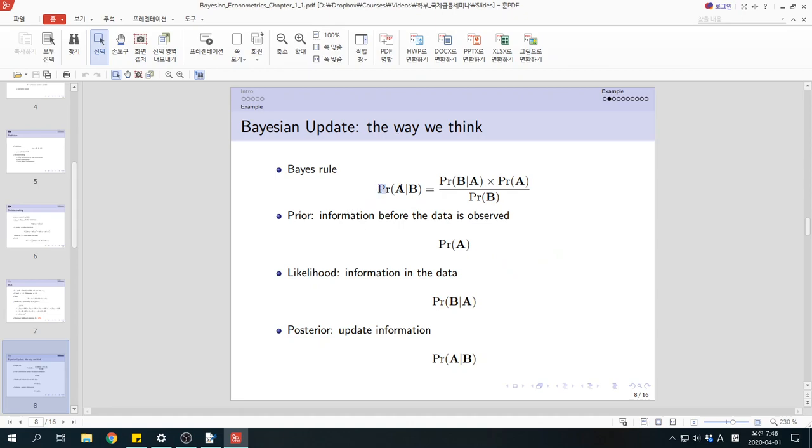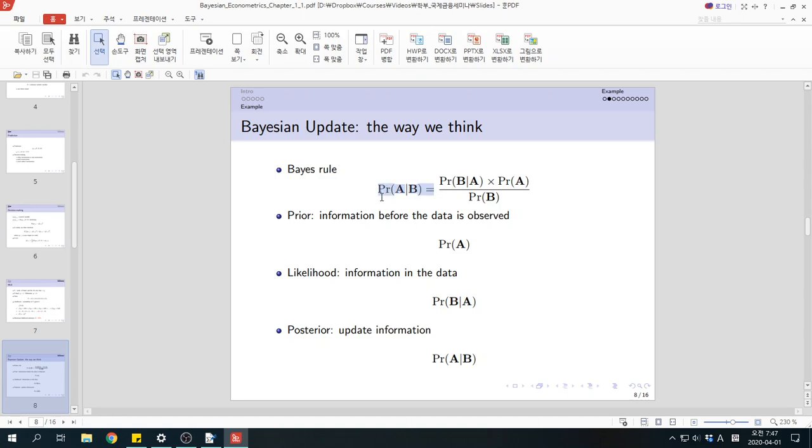You must be well aware of it: the probability of A given B equals the probability of B given A times the probability of A, over the probability of B. Look at two terms: the probability of A given B and the probability of A. What's the difference? In the first, B is given, and in the second, nothing is given. So B is the new information, and the probability of A is without any information.